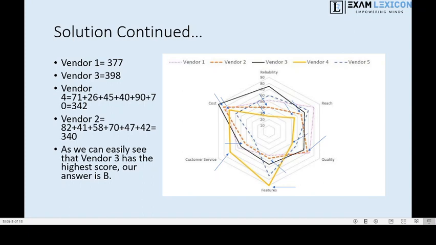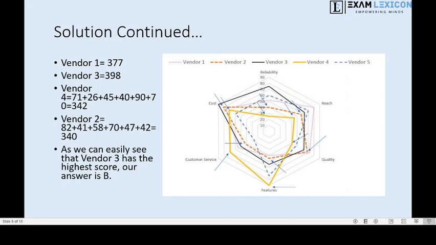So guys, before we proceed, I would just like to tell you that there's an alternate way of doing this question as well, which is by your observation skills. As you can see, for vendor 3, which is represented by the black line, and for vendor 2, all the points, for cost, reliability, reach, quality, features, are just below.